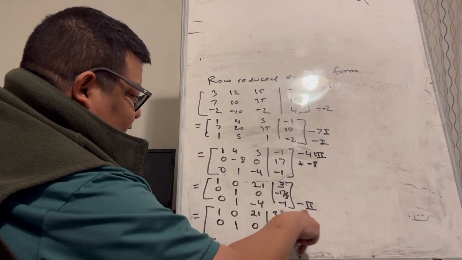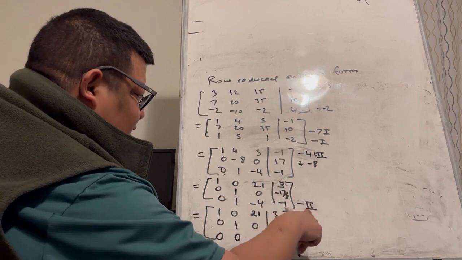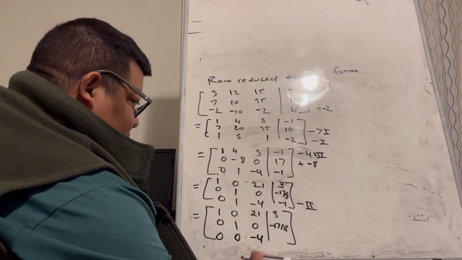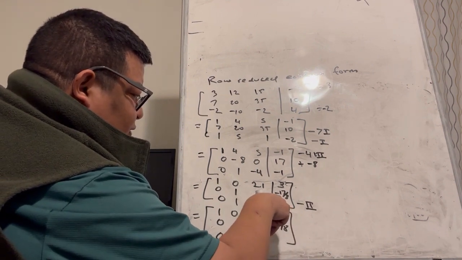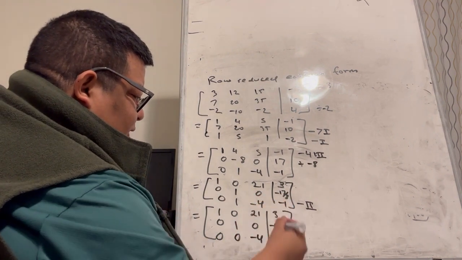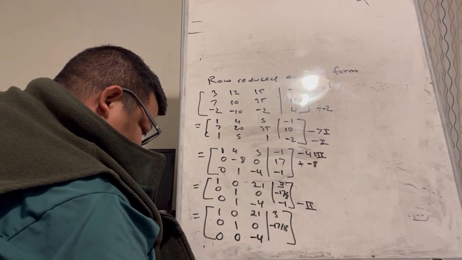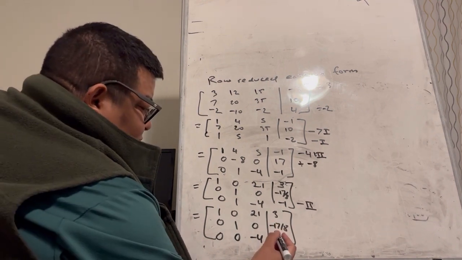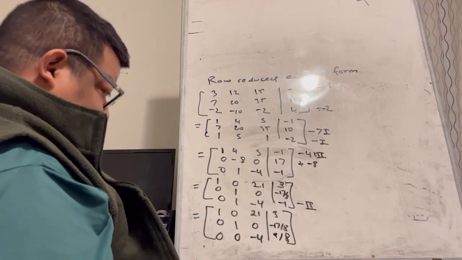Now, this becomes 0, 0, and then that becomes -4, and then this becomes positive 17/8 minus 1. If you do the math, that's gonna give you 9/8. Okay.